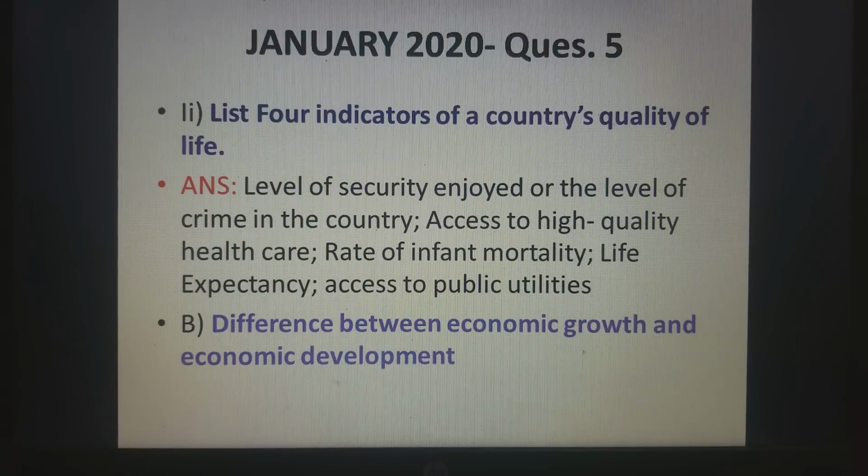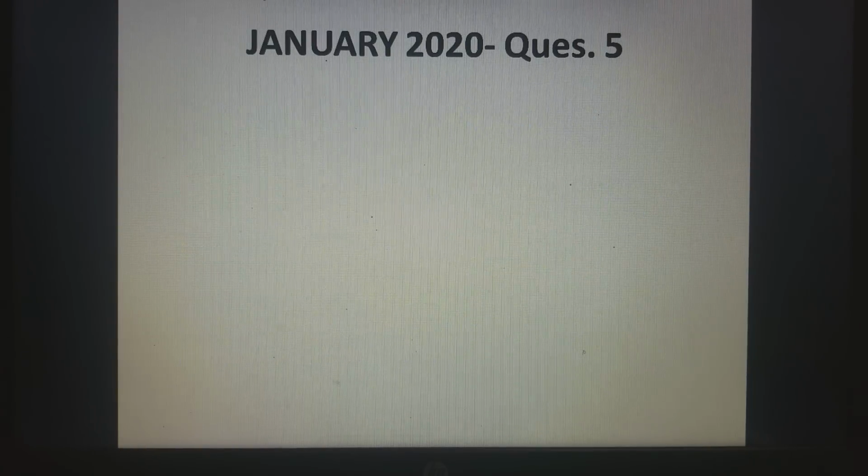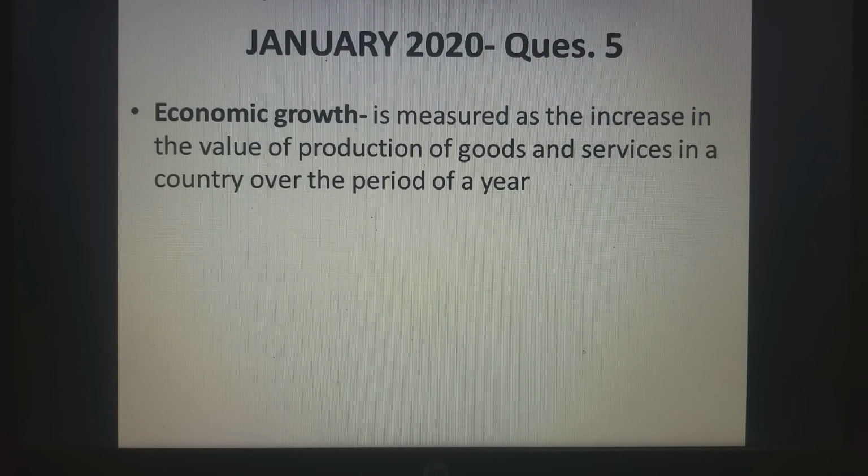So we have question B, the difference between economic growth and economic development. A very important question. So what is economic growth? Economic growth is measured as the increase in the value of production of goods and services in a country over a period of a year.